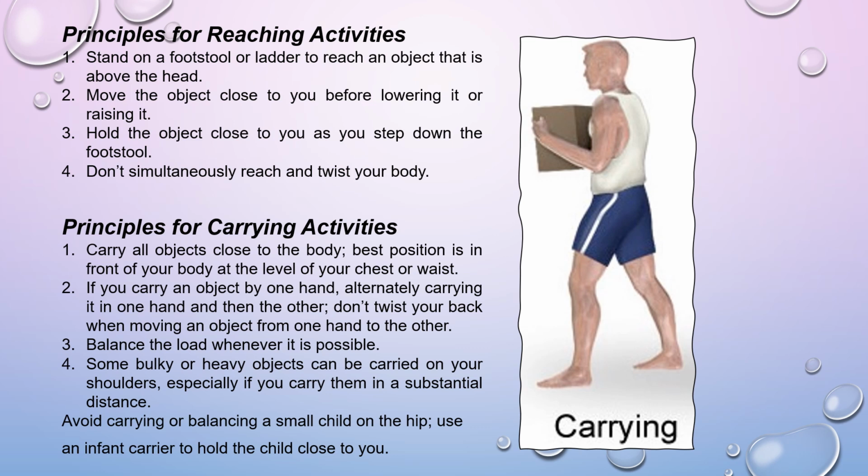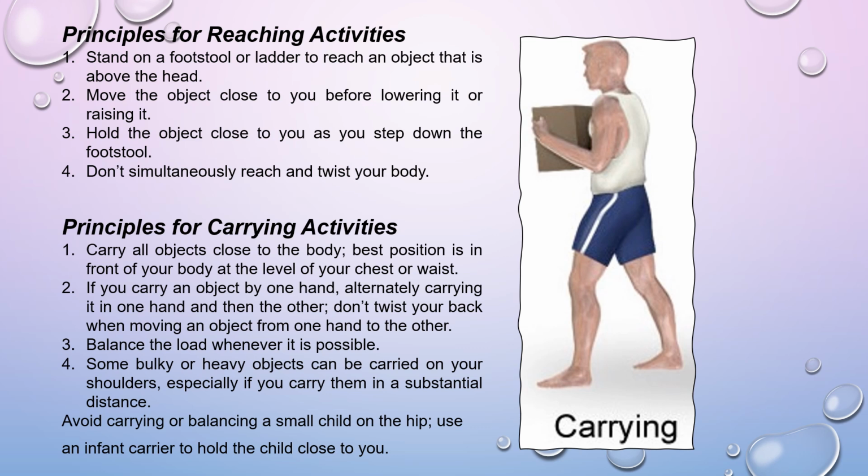Some bulky or heavy objects can be carried on your shoulders, especially if you carry them a substantial distance. So, pwedeng sa shoulder po, just like what happened with your backpack, di ba? Yung weight po ng bag is equally distributed. Hindi po yung isa lang na sling ng bag niya, i-apply niyo po sa back niyo. Yung dalawa po, para balance.